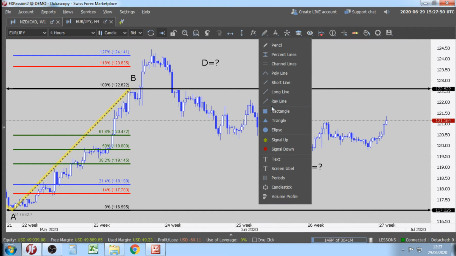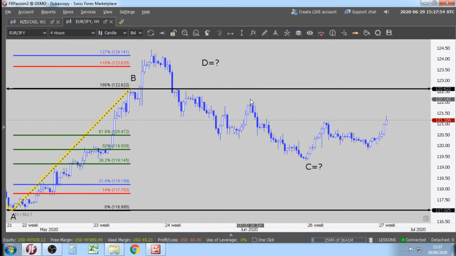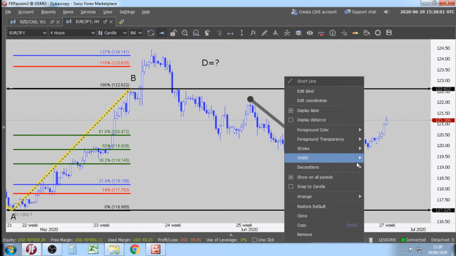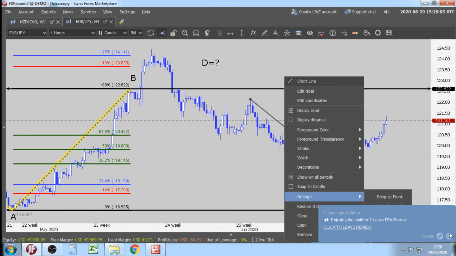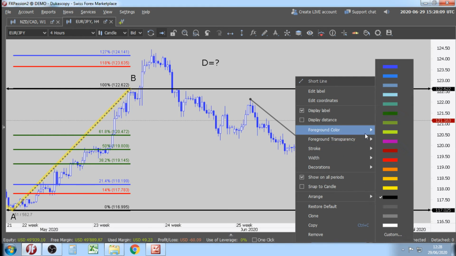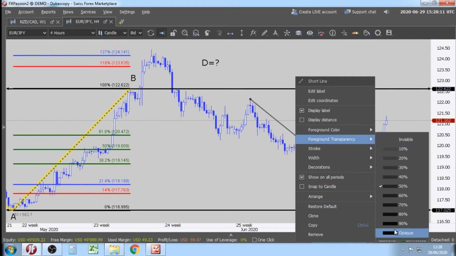So if this is the C, and we have a counter trend line break, if you want, right, you can accept what you like, you can reject what you don't like, you know.